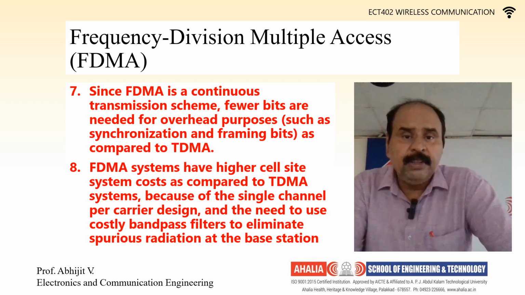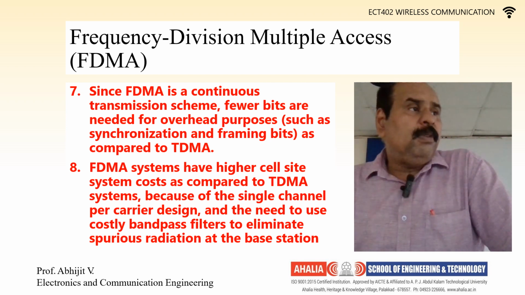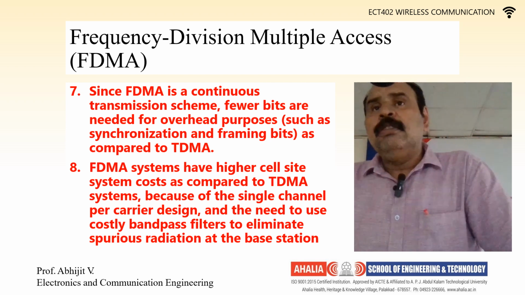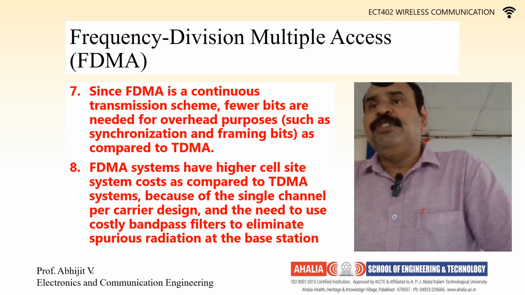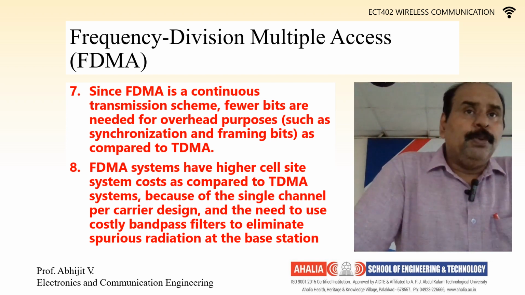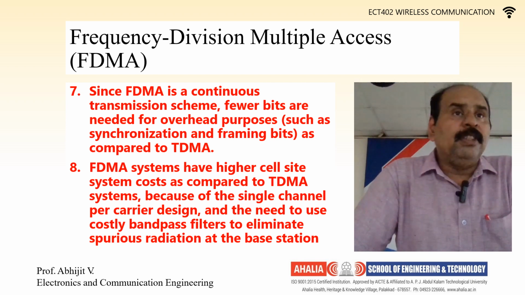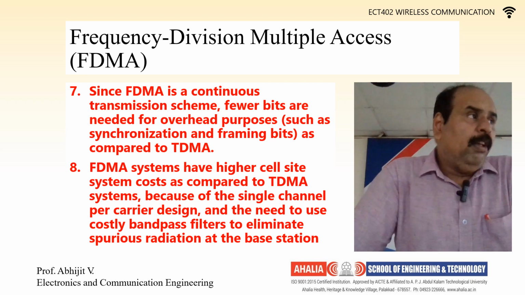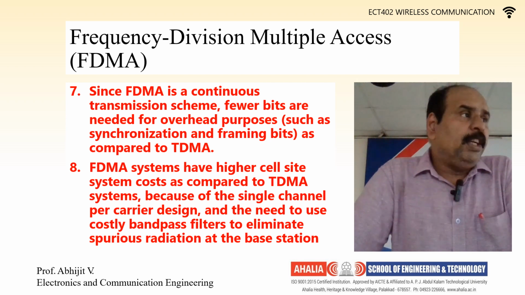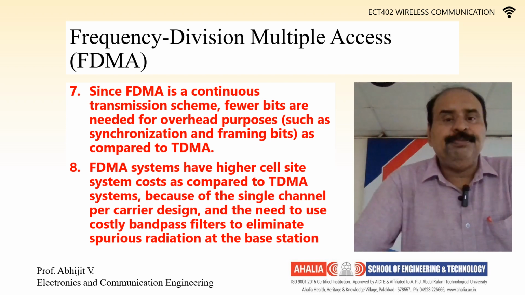So in FDMA, as we have already discussed, we are dividing the system into frequency bands and each user is allocated a particular frequency band. In the cell site you have a system cost that is comparatively high with respect to TDMA.